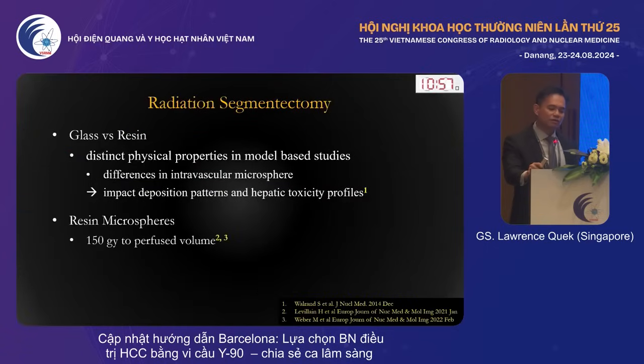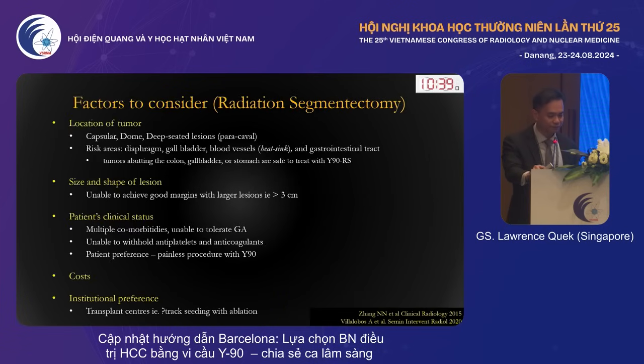All right, so now, on radiation segmentectomy, and I know in Vietnam most people use resin rather than glass, and really they have different physical properties in model-based studies. Their physicochemical properties are different, but for resin microspheres, just to touch briefly on, it is 150 grays to the perfused volume. So why would we consider radiation segmentectomy over ablation or even sometimes a resection?